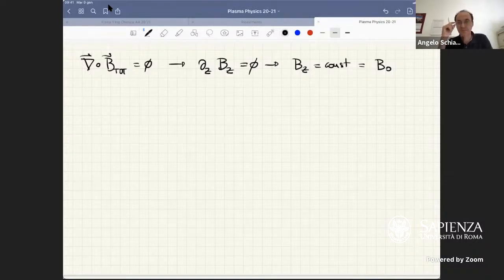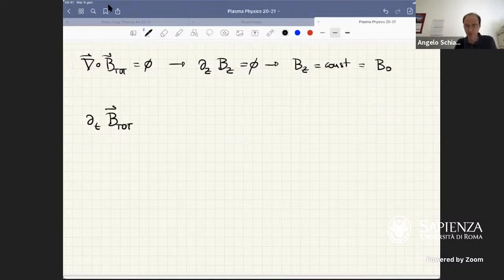Okay. So we need some dynamical equation now to couple the magnetic field to the plasma fluid. So one of them is Faraday's law, which we can write in terms of a derivative of B. So we can write it as the time derivative of the magnetic field.